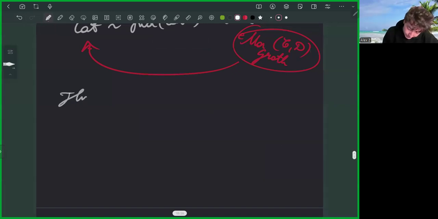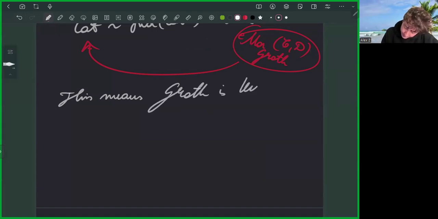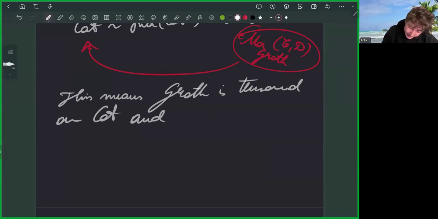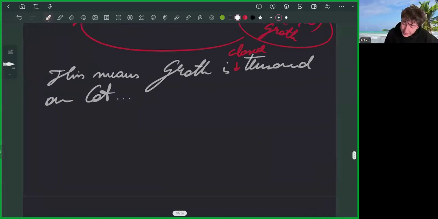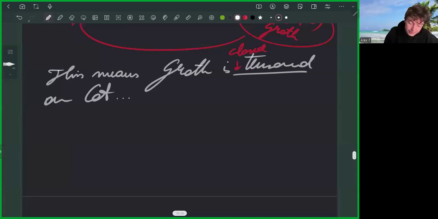Okay, so we have constructed a morphism category from this nonsense. This means Groth is closed tensored over Cat. There are some references that tell you that if you have nice and rich categories, then you can define them as such things as well.